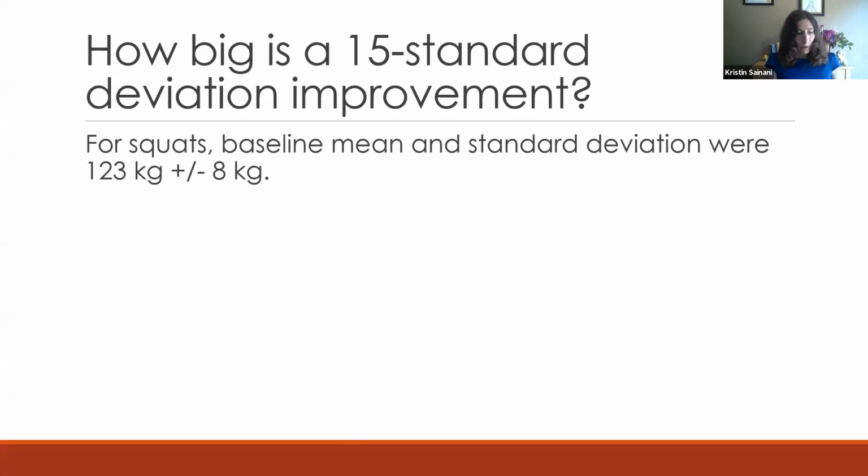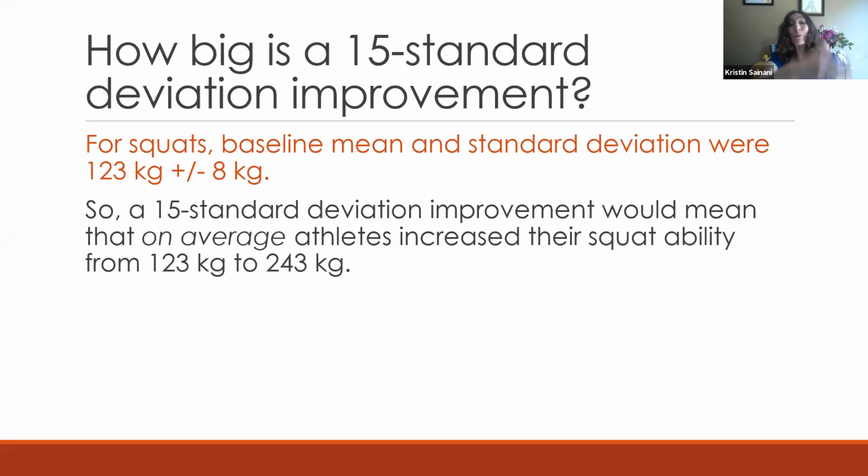And so those soccer players were squatting an average of 123 kilograms at baseline. The standard deviation at baseline was around 8, I'm rounding here. A 15 standard deviation improvement over the course of the intervention would mean that they went up by 15 times 8. That is a 120 kilogram improvement on average in squatting ability.